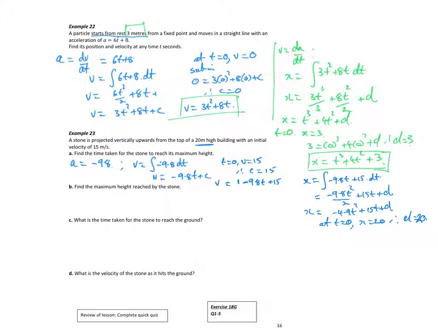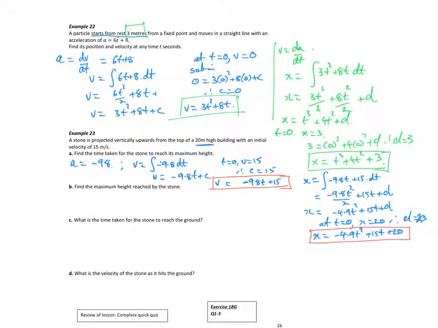So I've got a rule now for the position: negative 4.9t squared plus 15t plus 20. So if I need to work with the position of my stone, there's one equation. If I need to work with the velocity of my stone, there's the other equation.